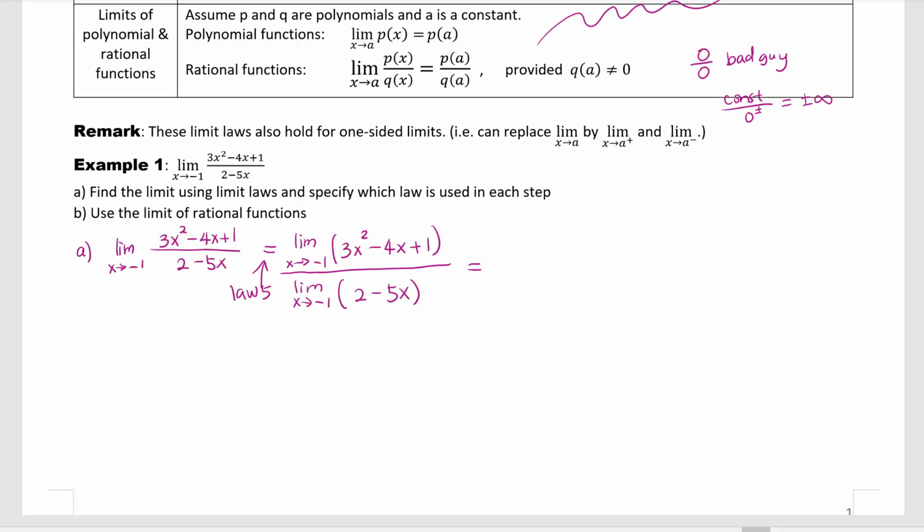So next, we're gonna want to distribute our limits. Well, this is the sum law and difference law. So laws 1 and 2, okay.